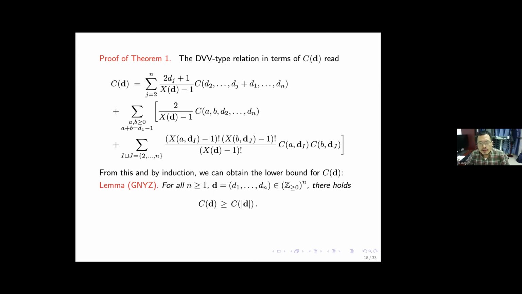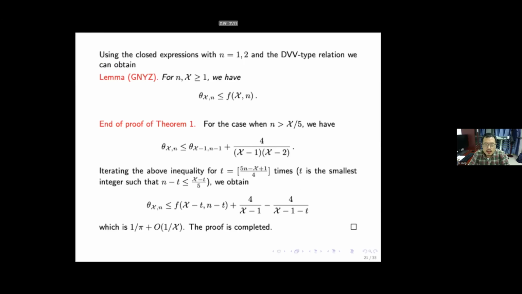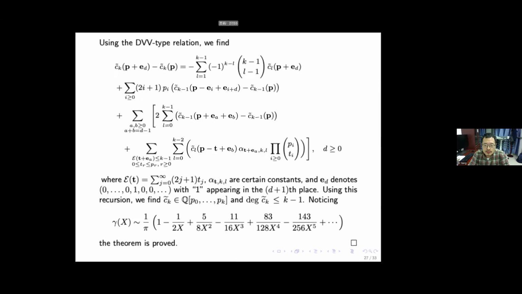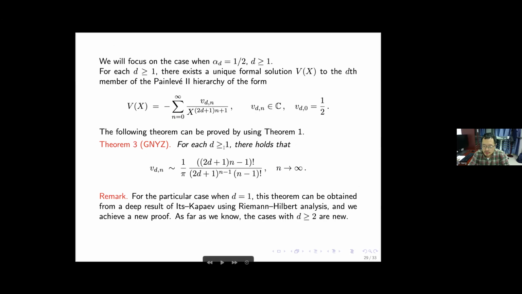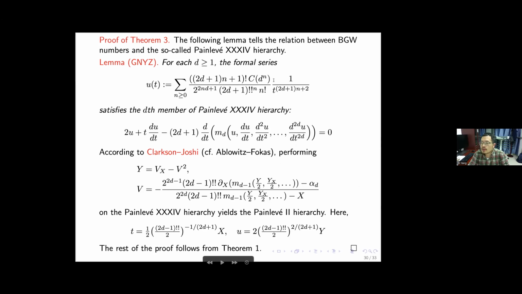Yes, I think already from that, the BGW numbers for this should be similar. Because of this argument, let's look at some similar cases. This Painlevé-2 equation involves some particular BGW numbers.